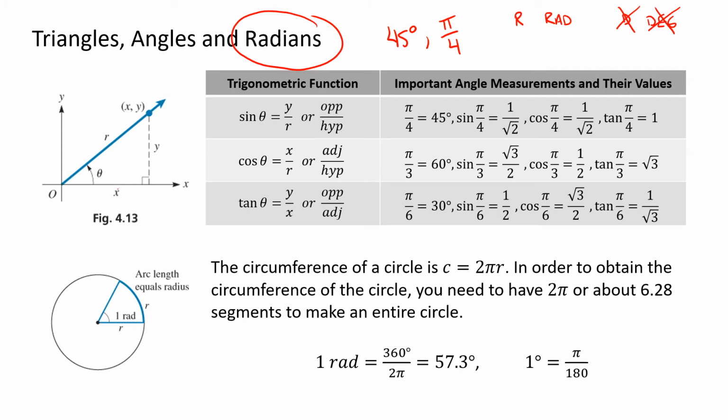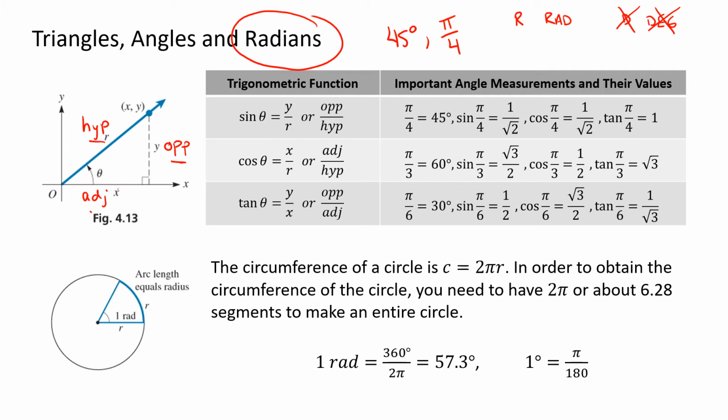So if the angle is theta, this would be the opposite side, this would be the adjacent side, and this would be the hypotenuse. So sine theta is equal to the opposite side divided by the hypotenuse. Keep in mind we're talking about lengths. Cosine is the adjacent side divided by the hypotenuse, and the tangent is the opposite side divided by the adjacent side.